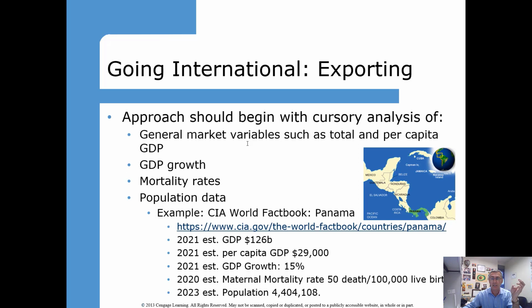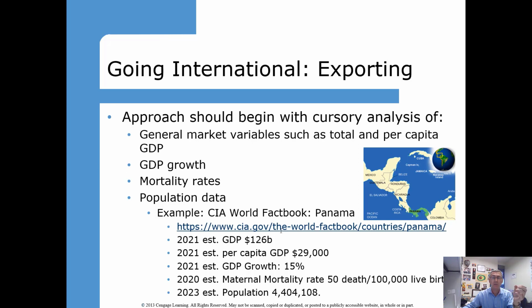Again, I think that's less than LA County. But you're thinking about the product, you're thinking about the market, you're thinking about whether there is a space there for me. And when you see a GDP growth that's 15%, that's going to give you pause maybe.